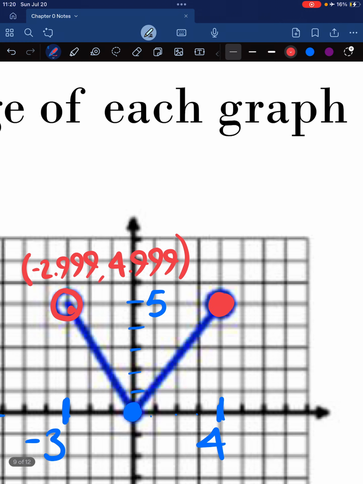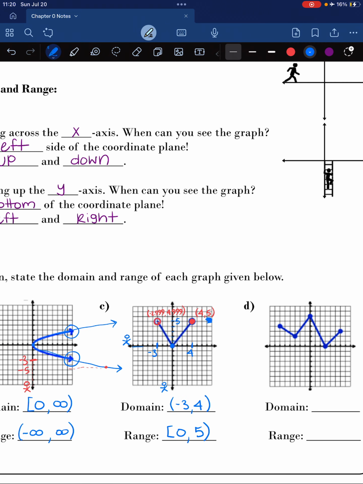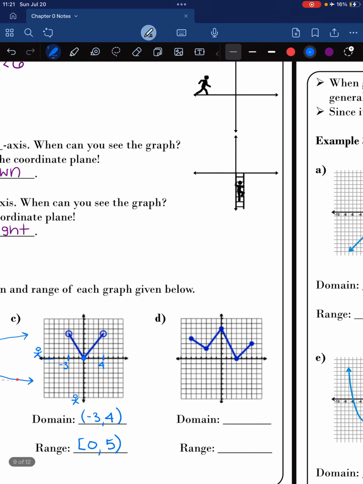I could get really, really close to 5. For this right side, it does exactly equal 5. So since there is at least one point where the y value is 5, the y would be included there. That's obviously not the case for this graph, but I just want to let you know if you do see that, it is possible.